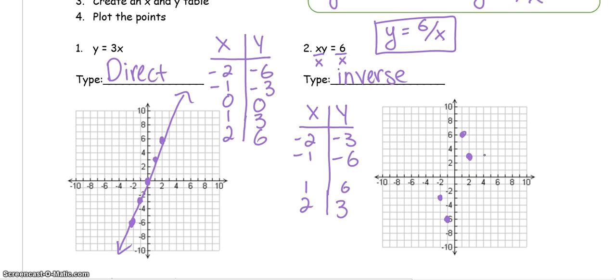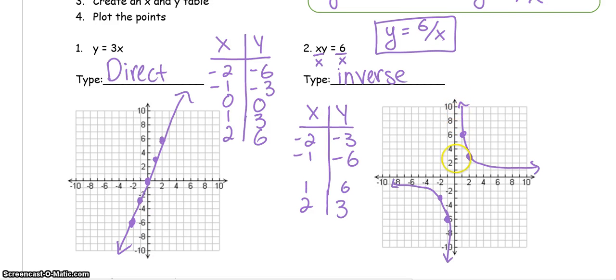Now looking at these dots, this doesn't really look like a straight line, and that's because it isn't. With inverse variation, the graphs aren't straight lines. The graphs form a curve like this. The reason it forms those two curves is because we can't have an x value of 0, because we just talked about you can't divide by 0. 6 over 0 is undefined.